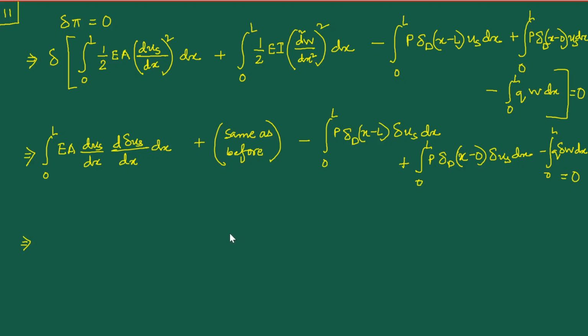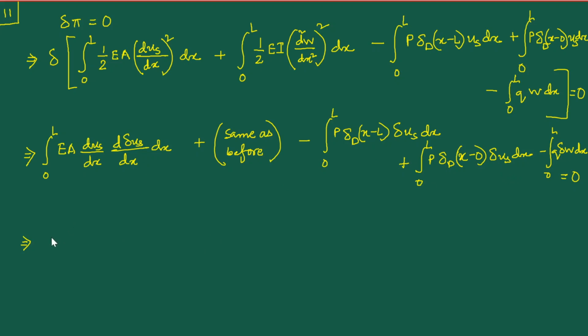So in a similar fashion, we motivate our subsequent steps of simplifying this expression with the goal that we want to arrive at an integration term which would involve the delta us, but which would not involve any derivatives like this.